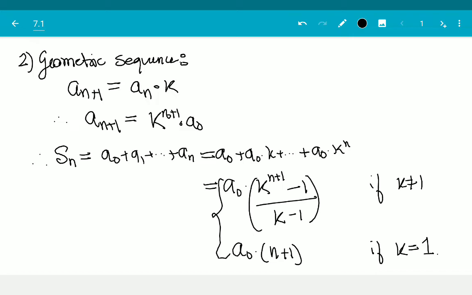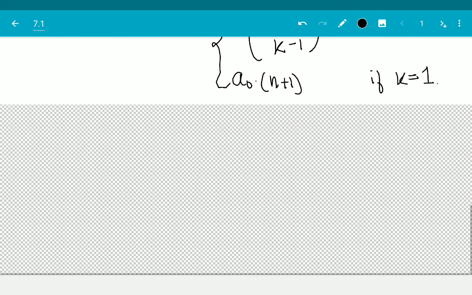Okay, so these are my two standard sequences that come up very often and have been seen before by you guys, hopefully. And a third interesting sequence that we have seen before at times, but it's not classified as geometric or arithmetic, is the Fibonacci sequence.